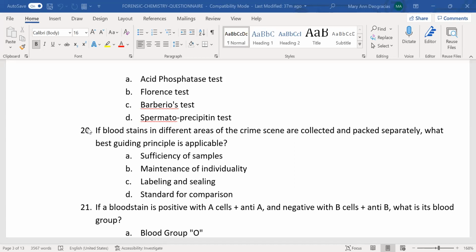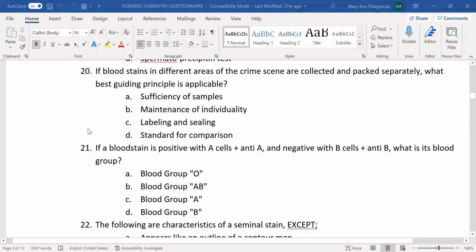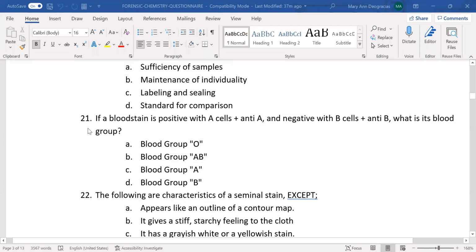Okay? Number 21. If a blood stain is positive with A cells plus anti-A and negative with B cells plus anti-B, what is its blood group?